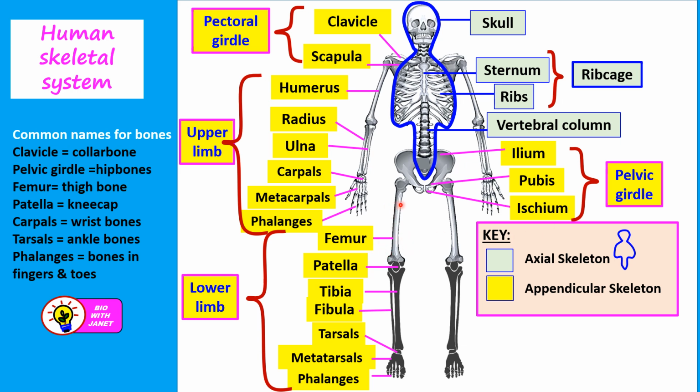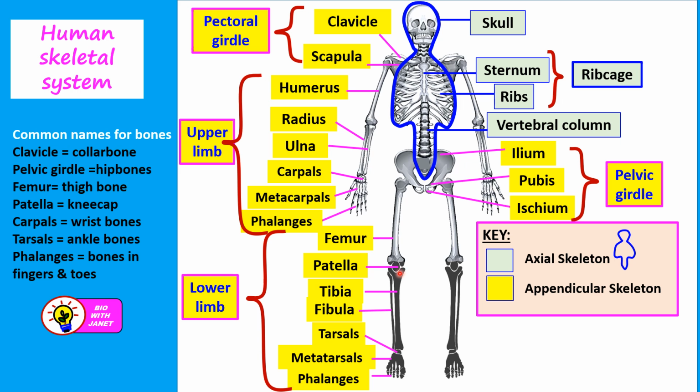Now let's go down further to the lower limb. Here we have the thigh bone called the femur, which is very strong, and it supports the weight of the body. That's why it has to be long, big and strong.